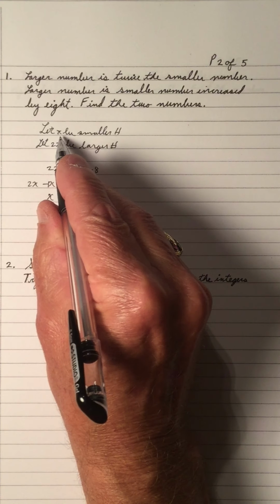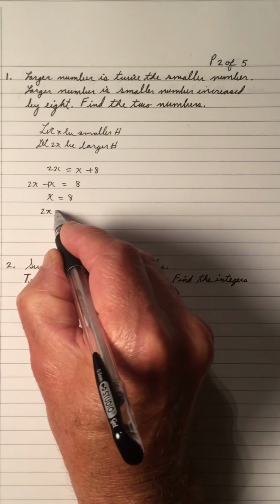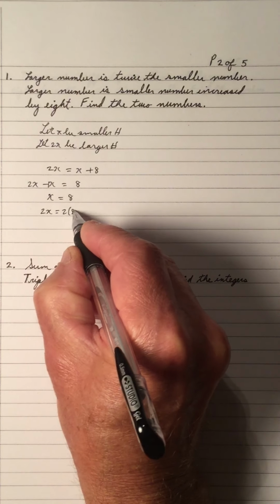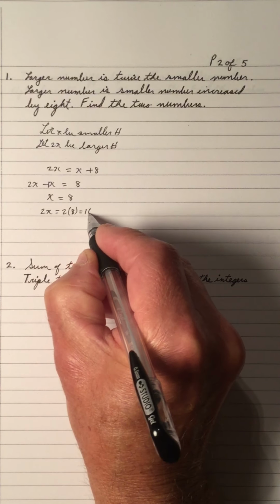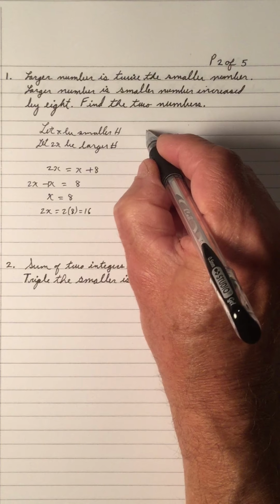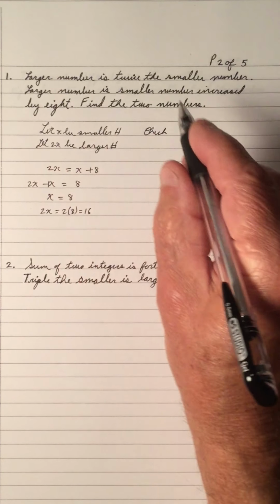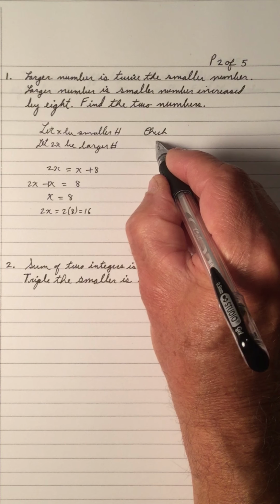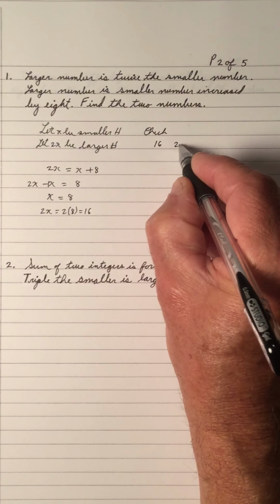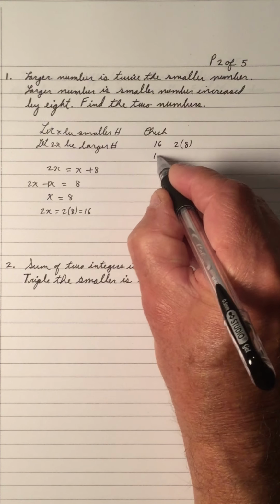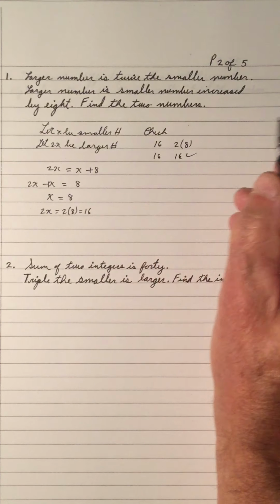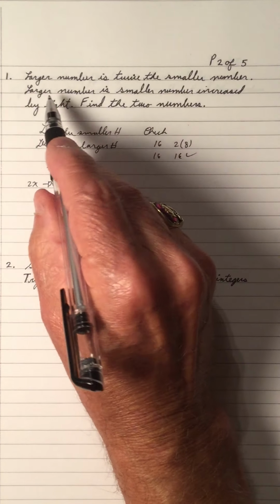So the smaller number is x, which is 8. The larger number is 2 times x, so the larger number is 16. Let's check to see if these are true. The larger number, which is 16, is twice the smaller. 16 equals 16, that's true. Let's check with the other equation.